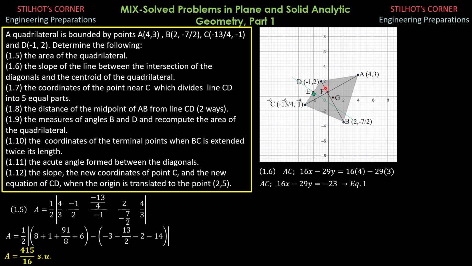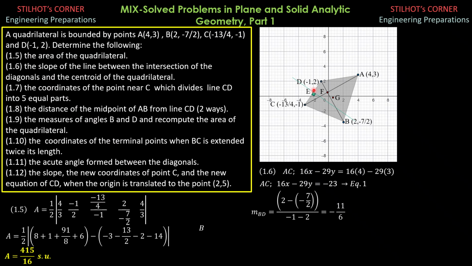Next is the equation of line BD. To determine the equation of line BD, we need the slope first. Slope of BD is 2 minus negative 7 halves over negative 1 minus 2. And that's negative 11 over 6. So the equation of line BD is 11x plus 6y, remember the technique, equals 11 times, I select negative 1 comma 2 as the point.